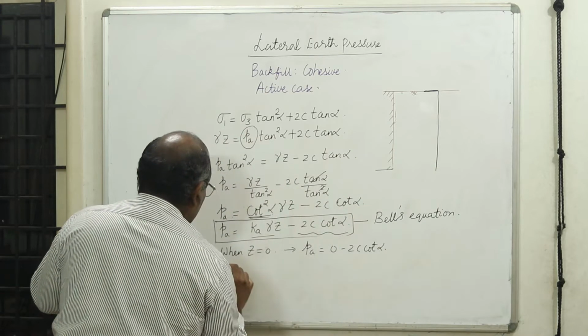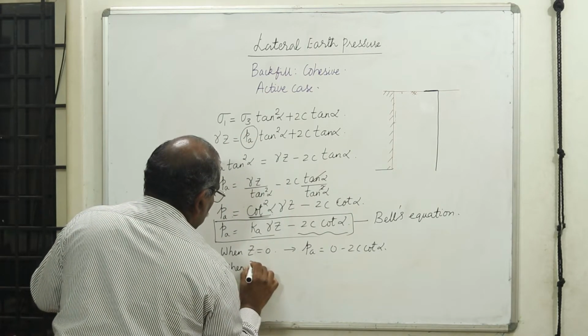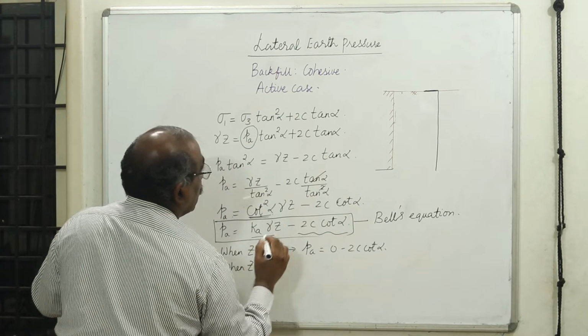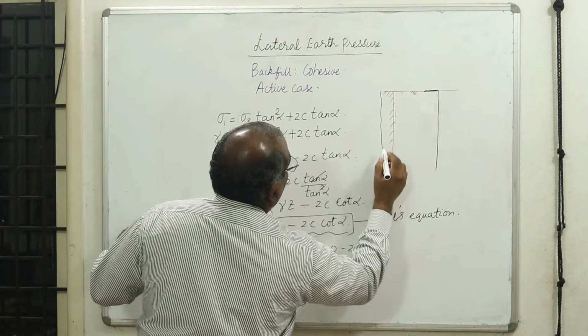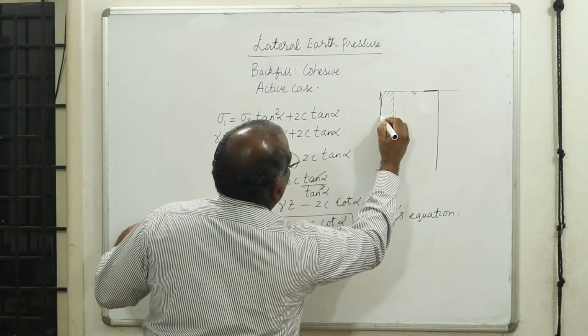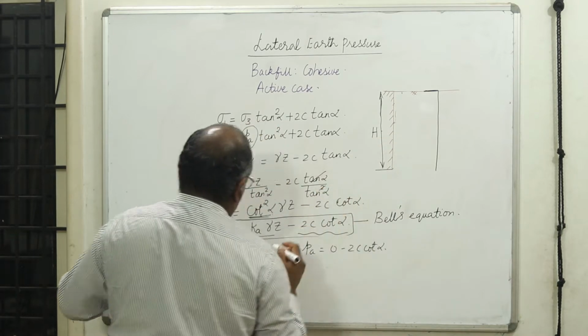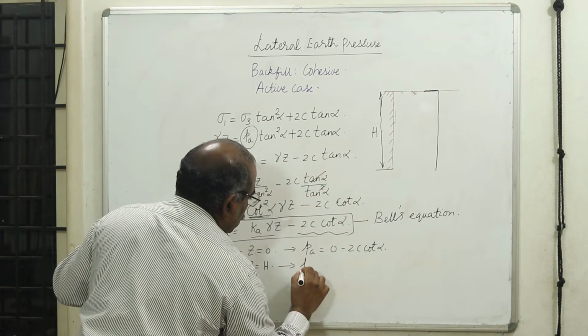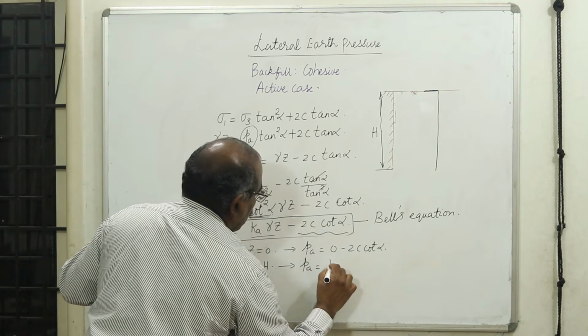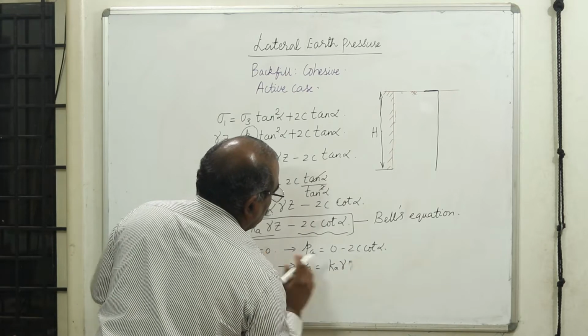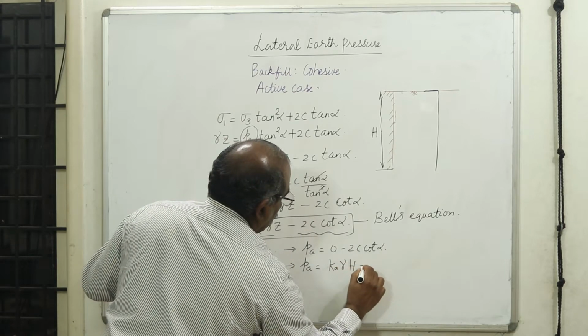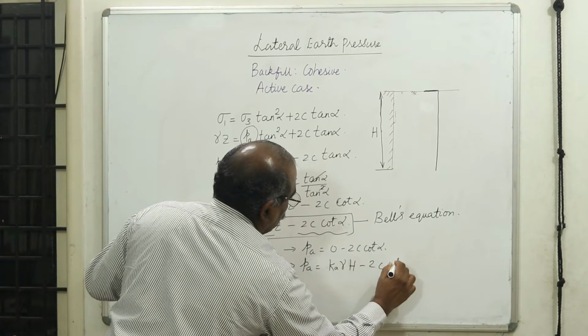Then when z is equal to H, which is the height of the retaining structure, my intensity of pressure becomes Ka gamma H minus 2c cot alpha.